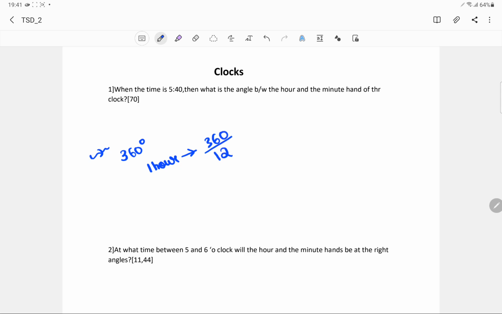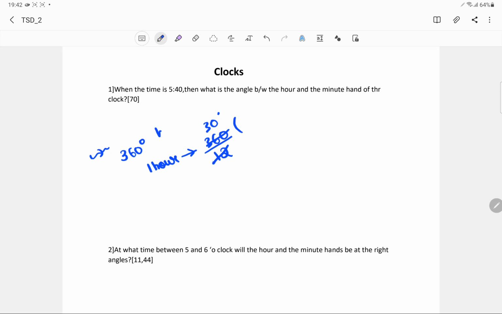See, in 12 hours the hour hand is moving 360 degrees. So in 1 hour it will move how much? It will move 360 by 12, that is 30 degrees. So in 1 hour it will move 30 degrees.